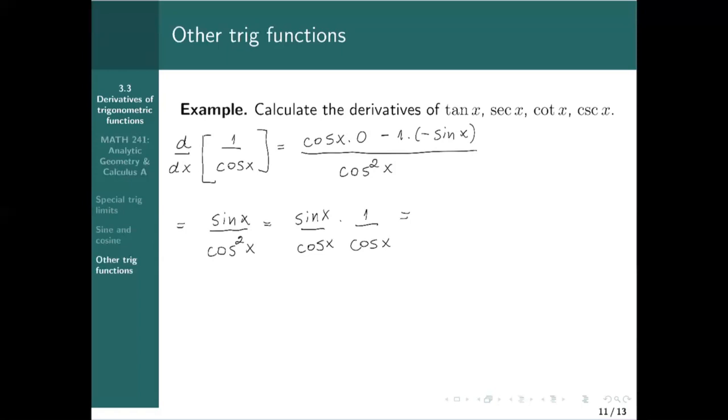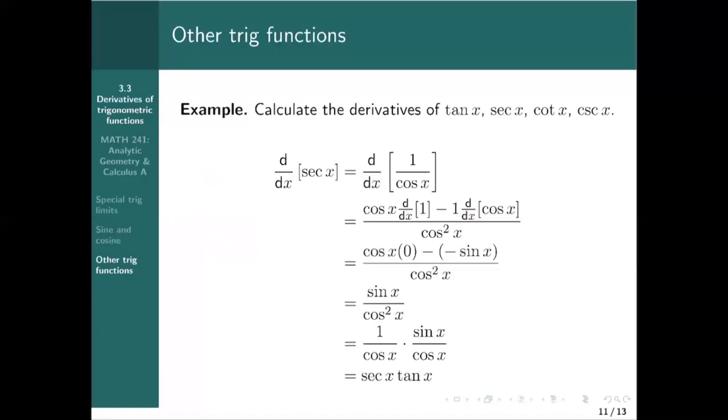So sine over cosine is equal to tangent, and 1 over cosine is equal to secant. So the conclusion is the derivative of secant is tangent times secant. And that's exactly what we have in this slide.